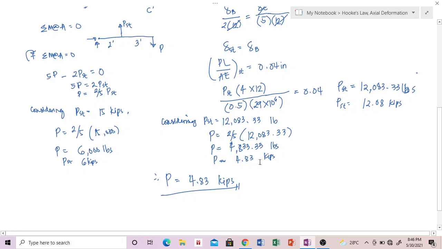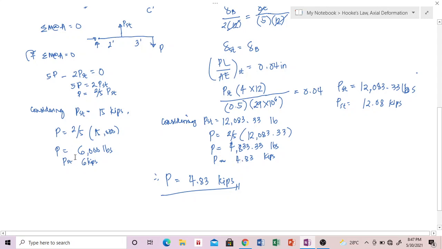When it comes to the displacement of C, with P at 4.83 kips it will not exceed 0.10 inch. If we use 6 kips, it will obviously exceed 0.10 inch for the displacement of C.